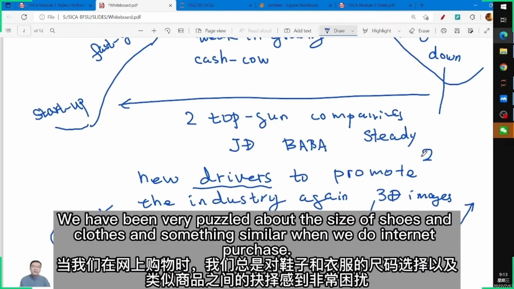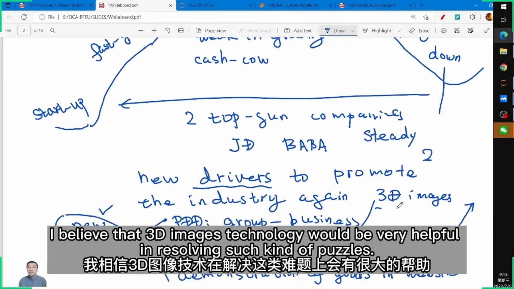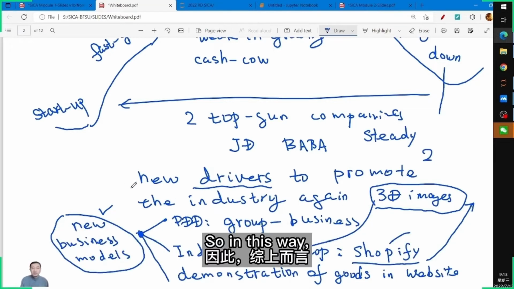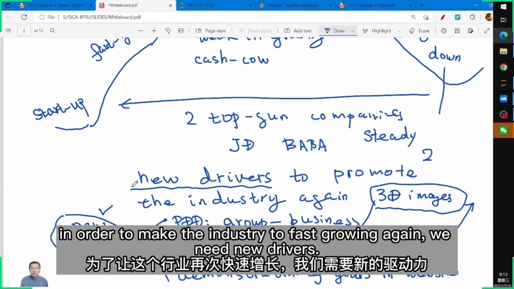We have been puzzled about the size of shoes and clothes when we shop on the internet. I believe 3D image technology would be very helpful in resolving such puzzles. So in order to make the industry grow fast again, we need new drivers.